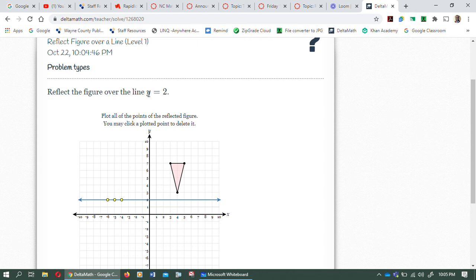It's a similar reason for why the equation of a vertical line is x equals some number.